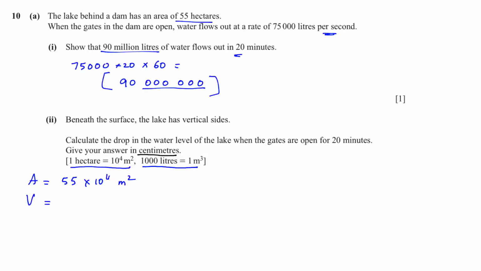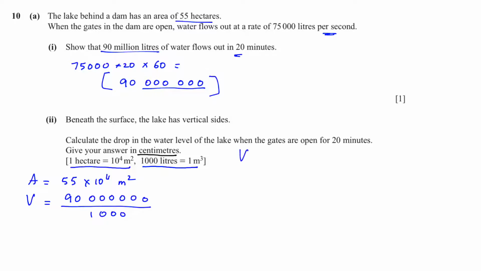Therefore, volume, cubic meter means volume, is equal to 90 million divided by 1000. What else do we have?